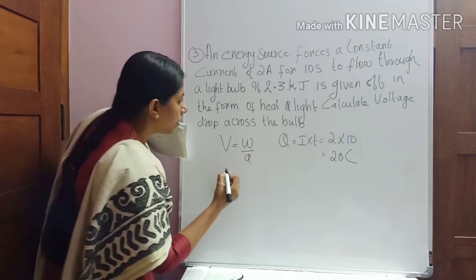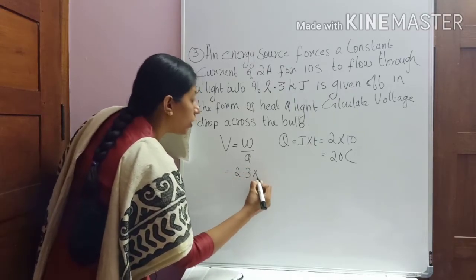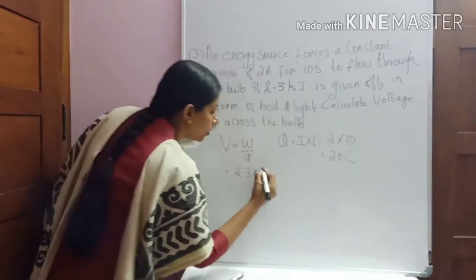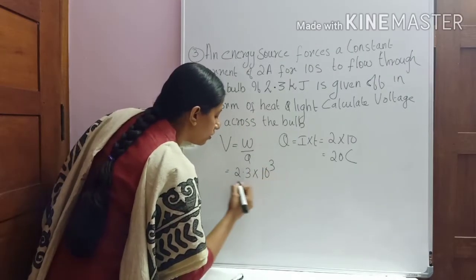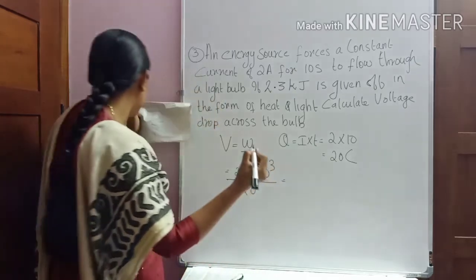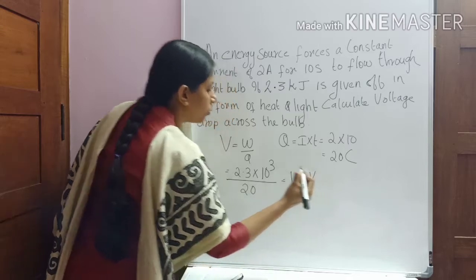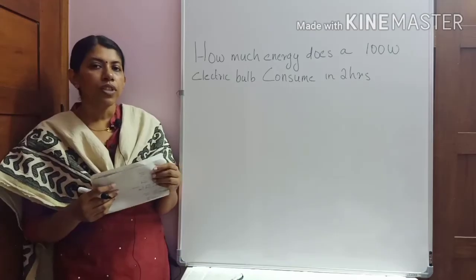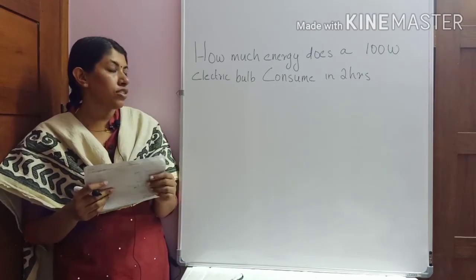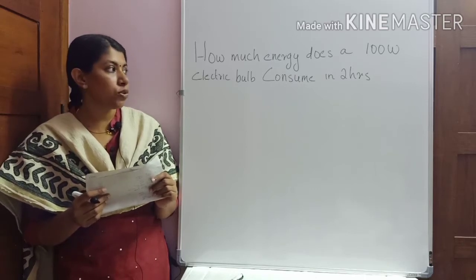Substituting that value here, it will be 2.3 into kilo, meaning 10 raised to 3, so 2.3 into 10 raised to 3 divided by 20, and that will be equal to 115 volt.